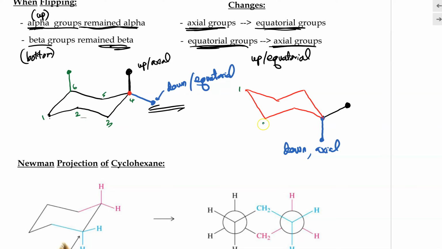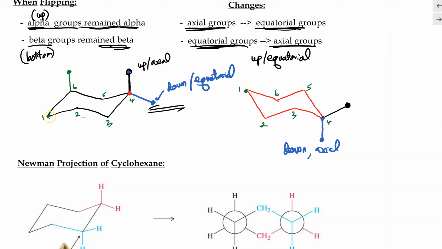And here should also be 1, 2, 3, 4, 5, and 6. For carbon 1, since this is the carbon pointed all the way to the left in this conformation, when it flips it will remain the carbon that is most shifted to the left as well. So that's how we can pay attention to it.